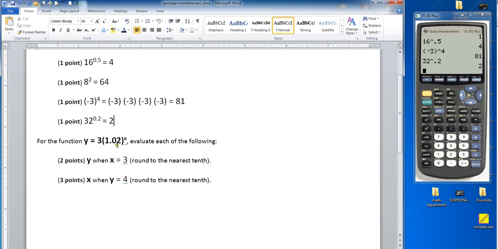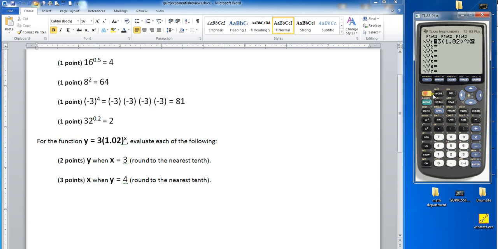Use the function y equals 3 times 1.02 to the x to evaluate each. So this is fun. This is 3 somethings invested into some account that grows at 2% interest per, say, year. Okay, and that's the context after last week. So the hint I gave some folks was just to enter this as a function, just like we've been doing in class with the quadratics and other things like that, except the variable is now up there.